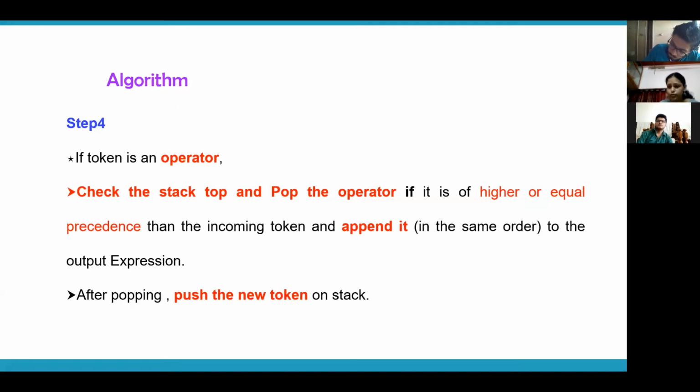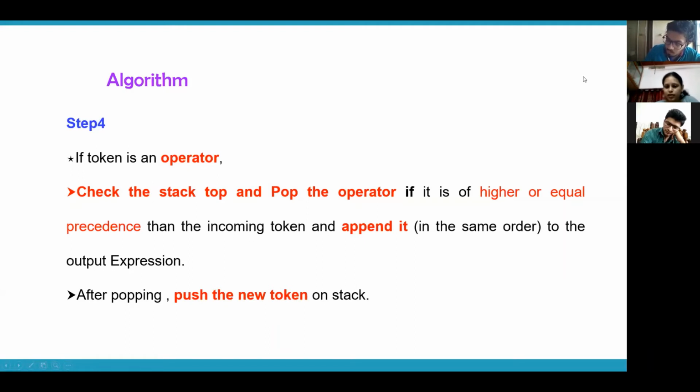So what the doctor will have to do is pop the person who is there in the stack, who is of higher precedence, and put him in the queue.